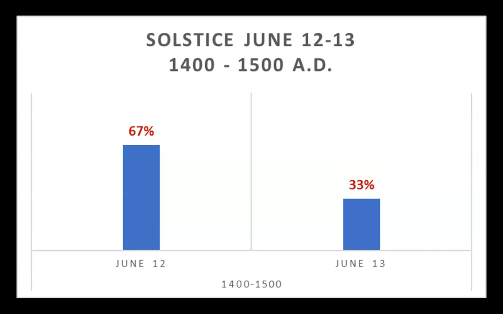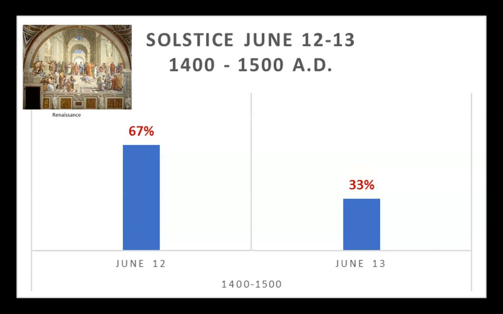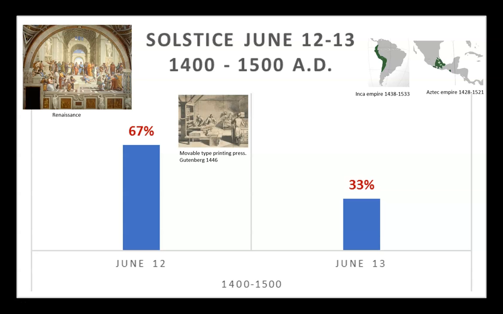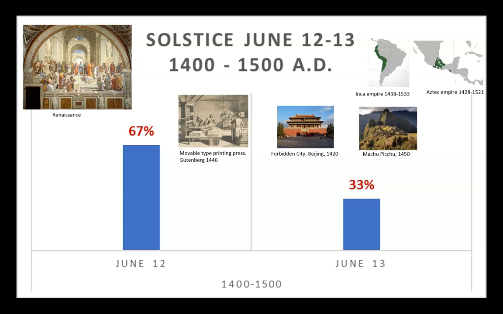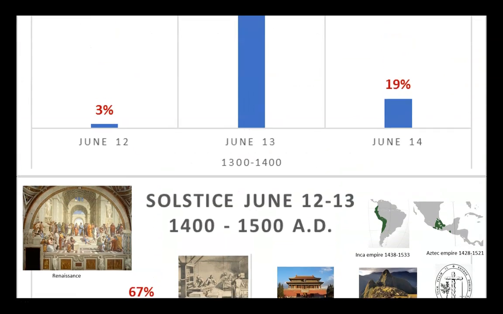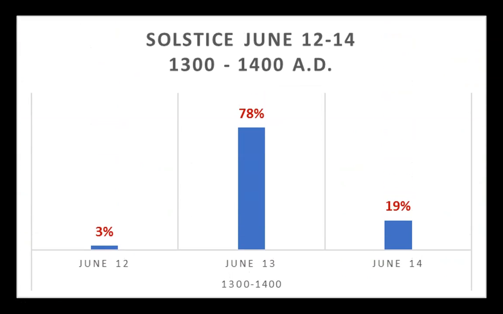From 1400 to 1500, it was June 12th. Then June 13th. Have you noticed how these most frequent solstice dates seem to be increasing one day at a time each century?